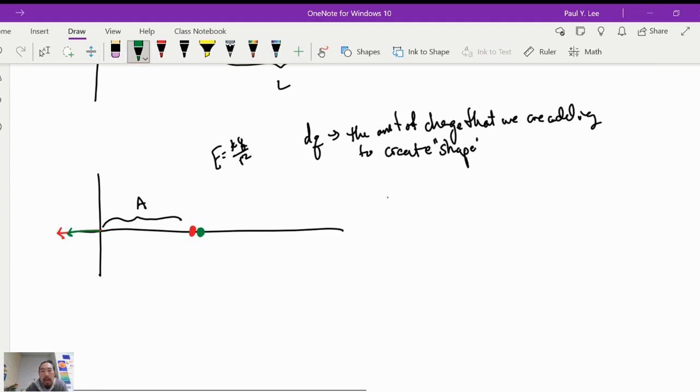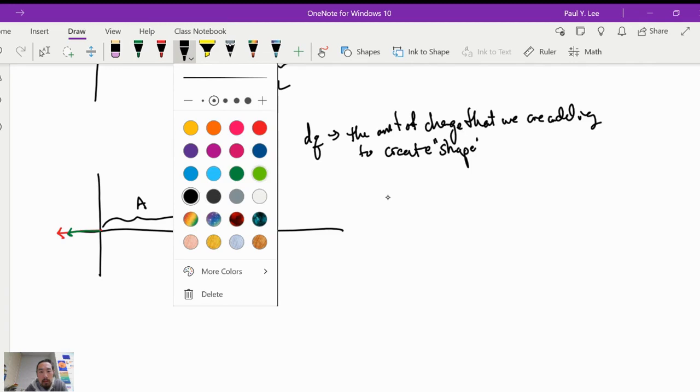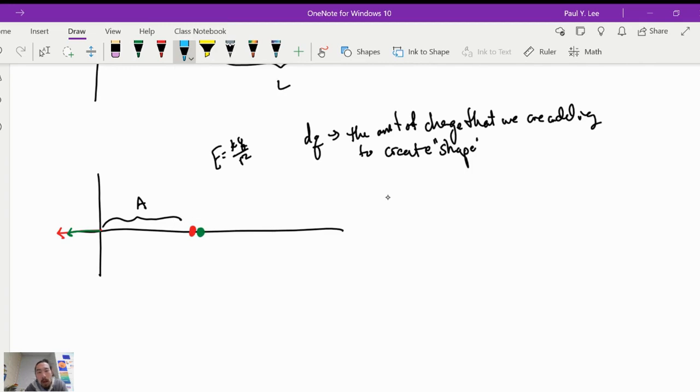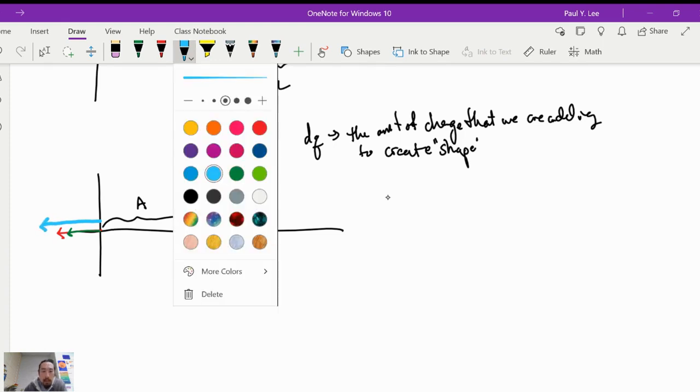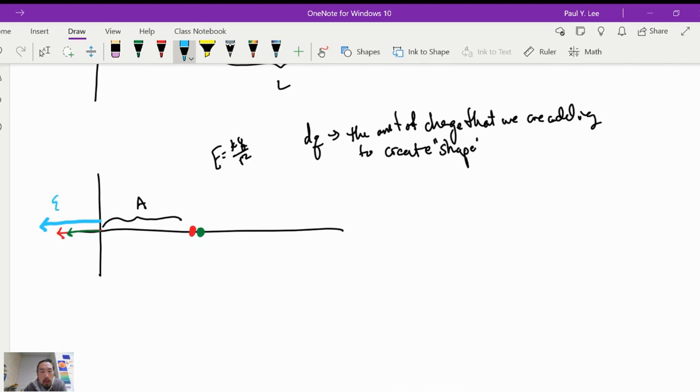But overall, the net E field will increase. I'm going to do this in a nice light blue, and I'll make it a little bit bigger. So the net E field from the green and the red will be slightly bigger. Okay, so this is going to be the net E field from those two charges.